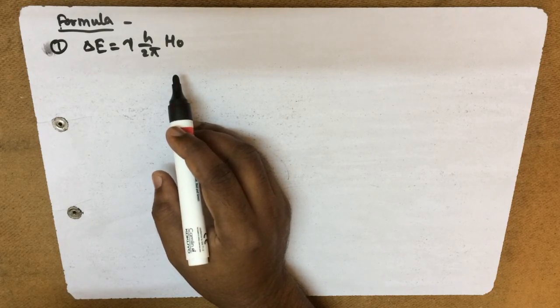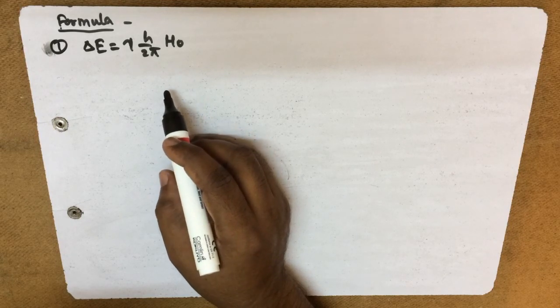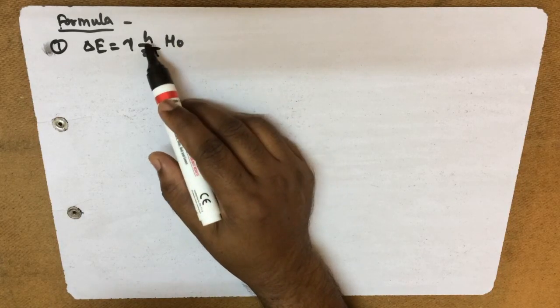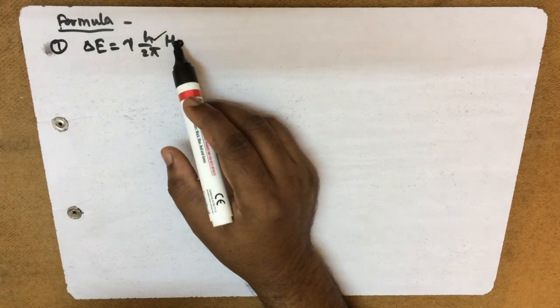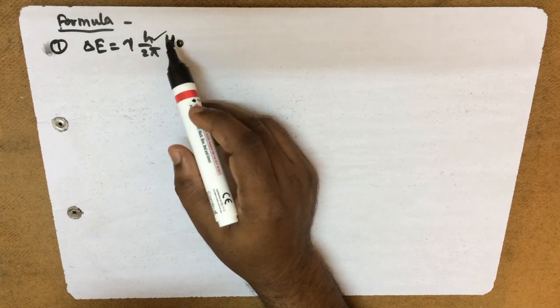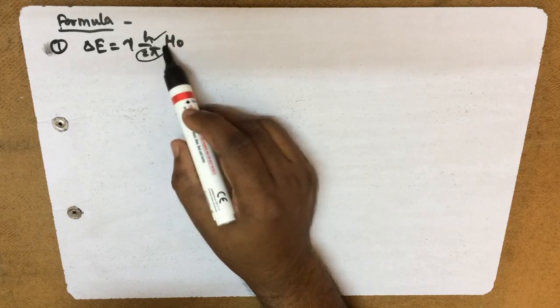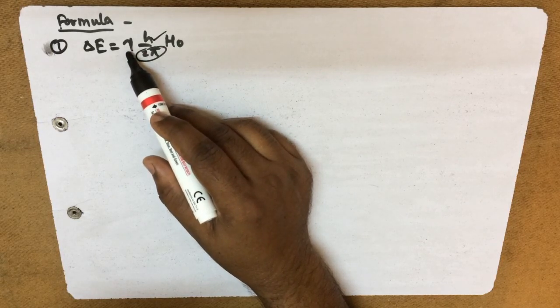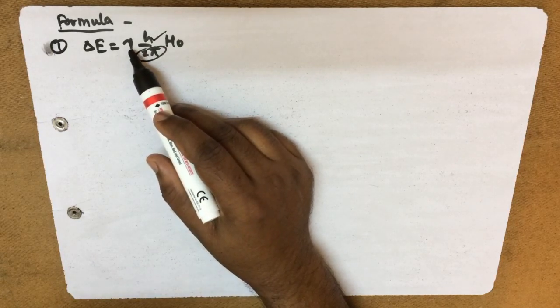H0 is the strength of the external magnetic field, measured in Gauss, and h is the Planck constant. The other term, gamma, is also a constant; this is the magnetogyric ratio of the relevant nucleus.